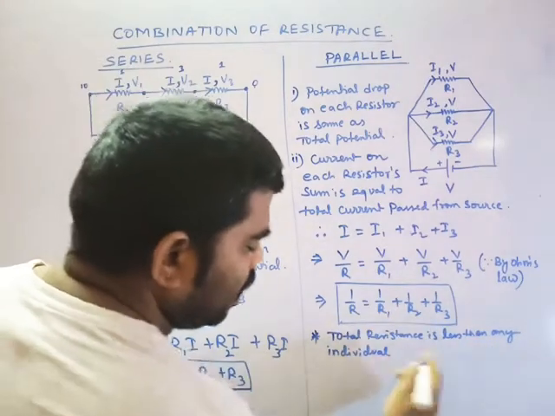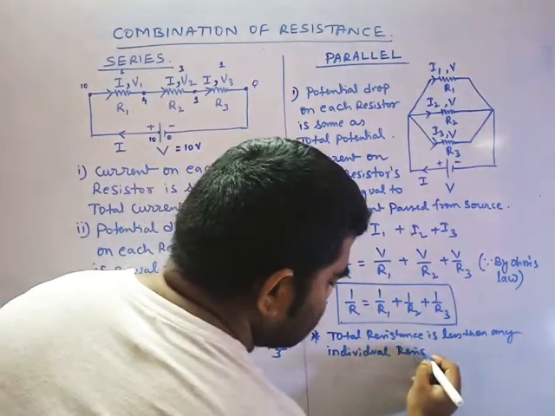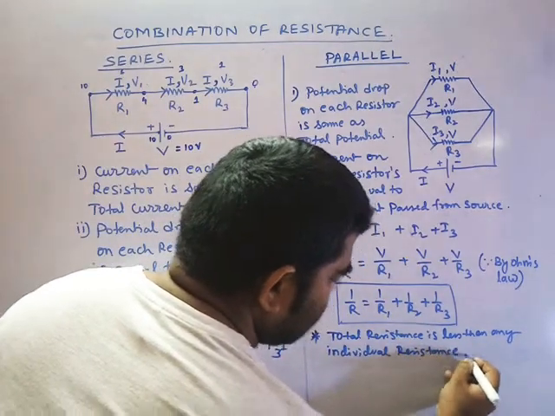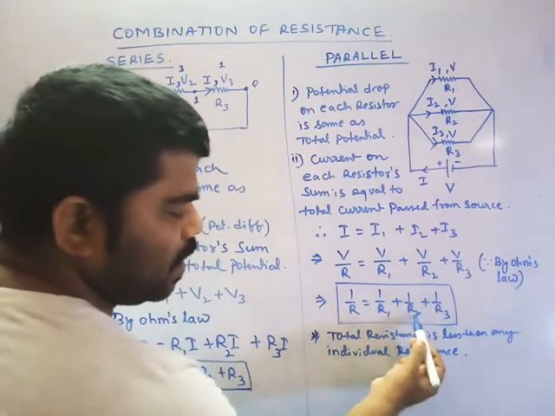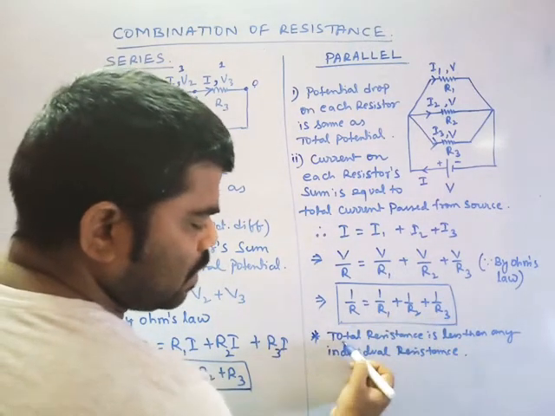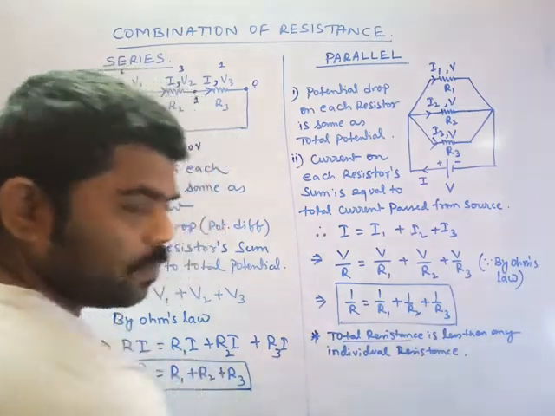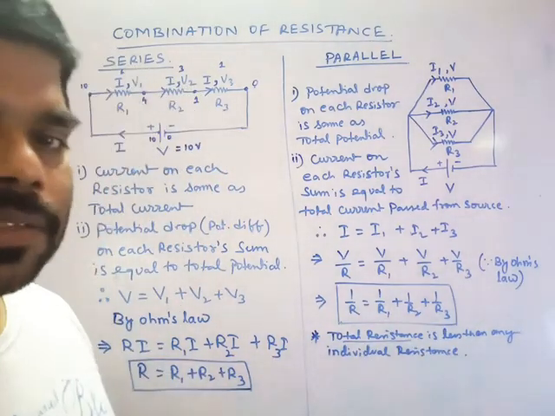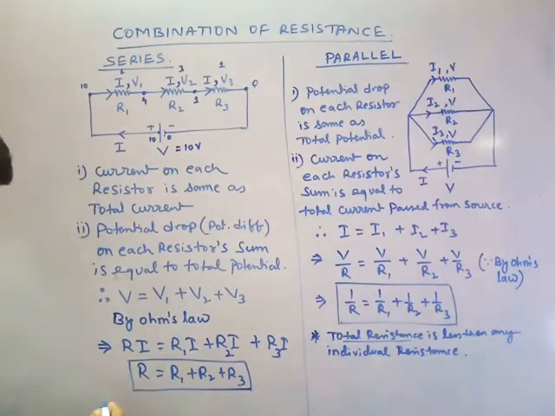Less than any individual resistance. For example, this is 5, 3, 2. Less is 2. So your answer will be less than 2. Yes, is it clear?